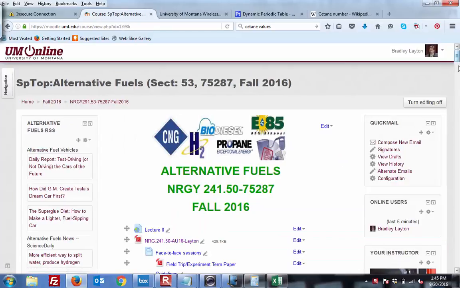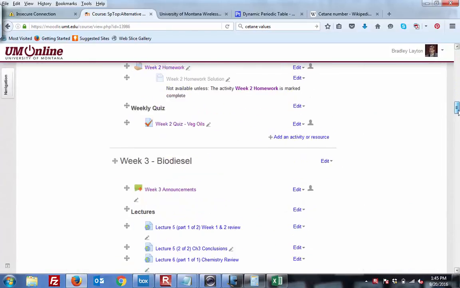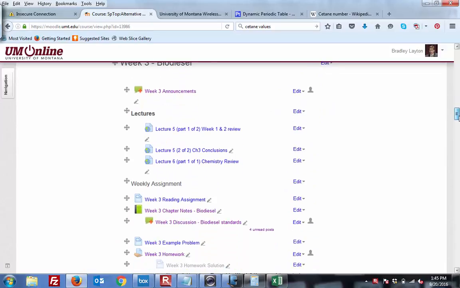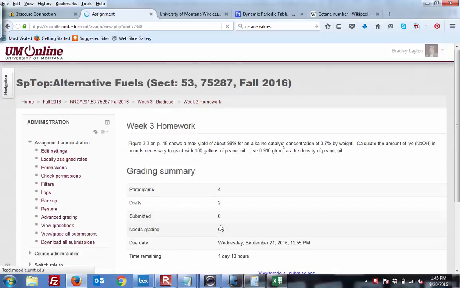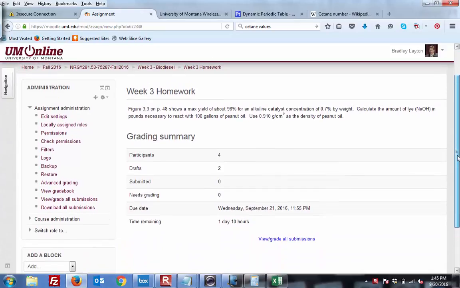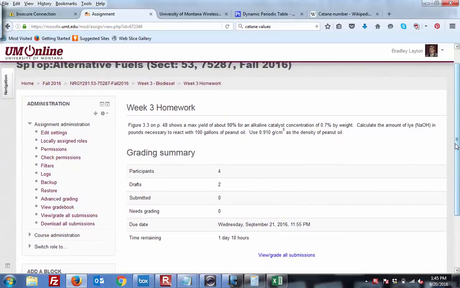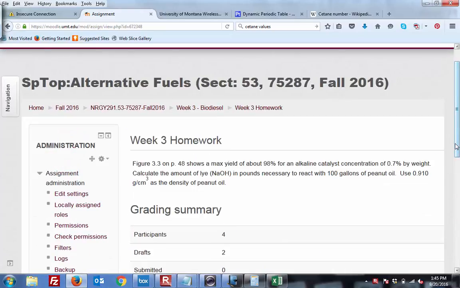So let's go into the week 3 homework. Biodiesel. Figure 3.3 on page 48 shows a max yield of about 98% for an alkaline catalyst concentration of 0.7% by weight.